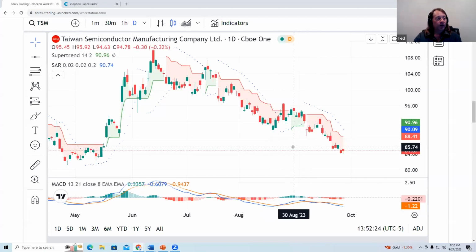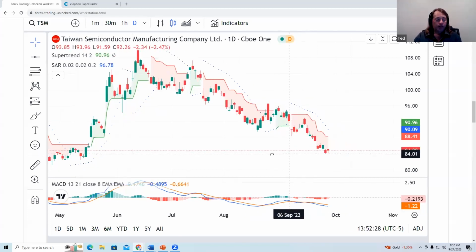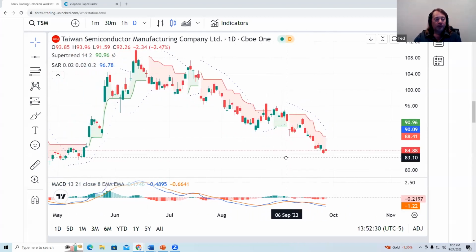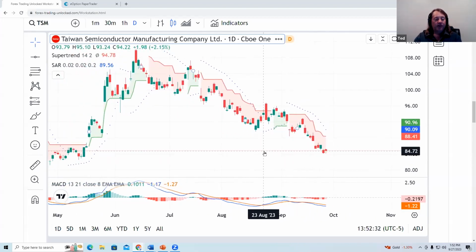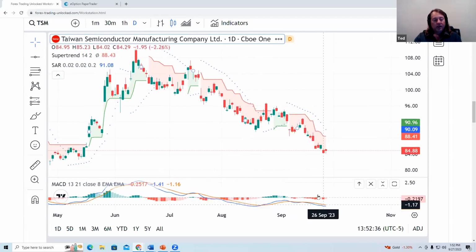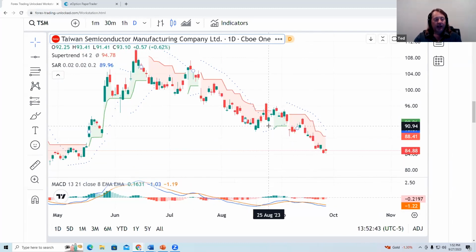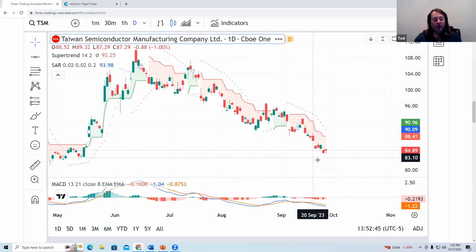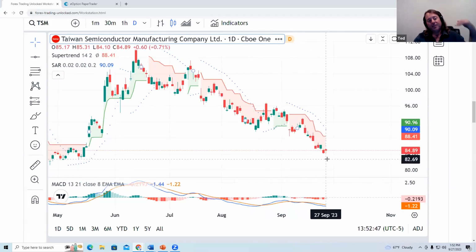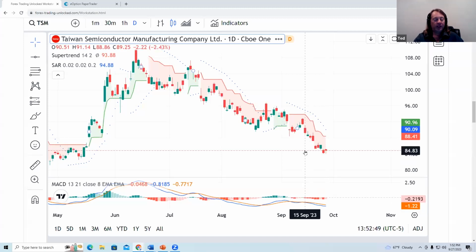If you really like Taiwan Semiconductor, overall long-term call situation, it's a tough one here because your indicators are oversold, but not totally over. They're not buried there, but they're also lagging. The reality is this market has continued to make lower move lows and lower move highs, and especially as the index has been sharp over the past week and a half, this thing has gone from 90 to 84.